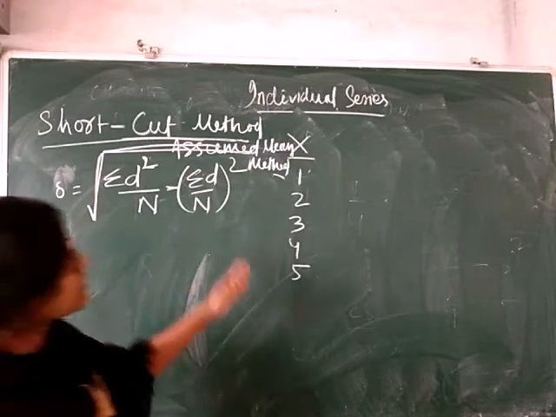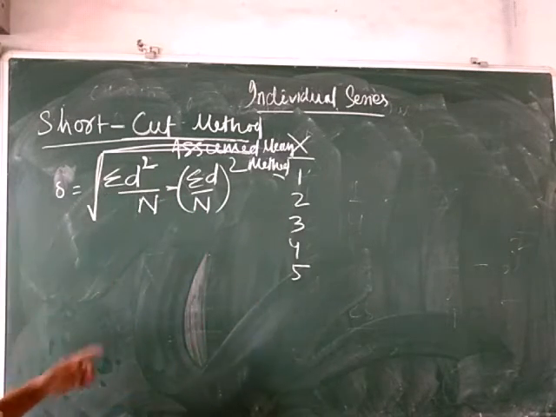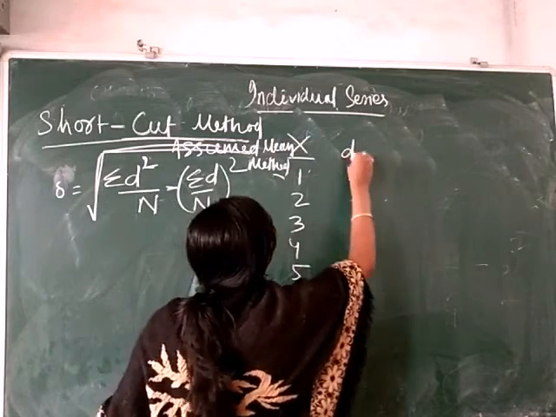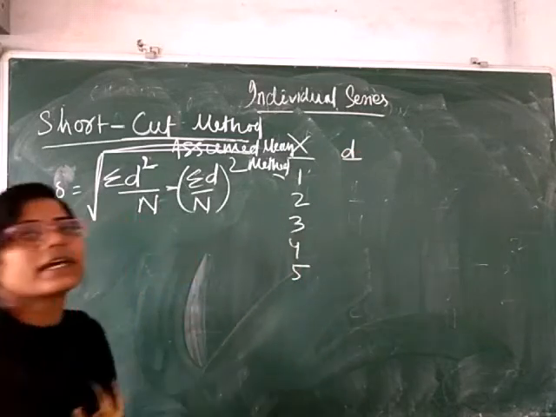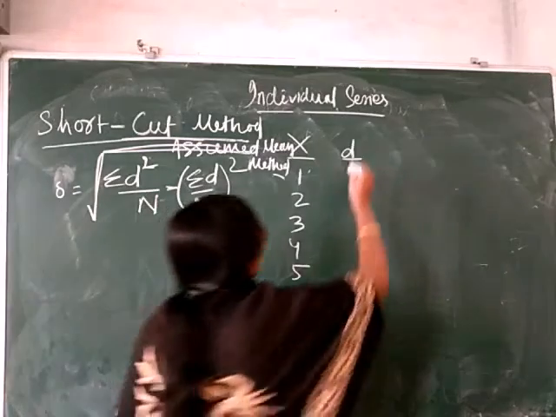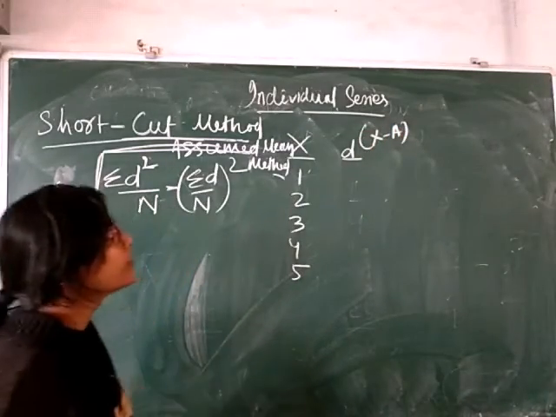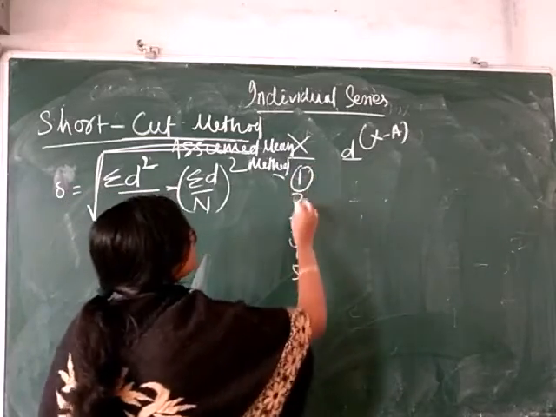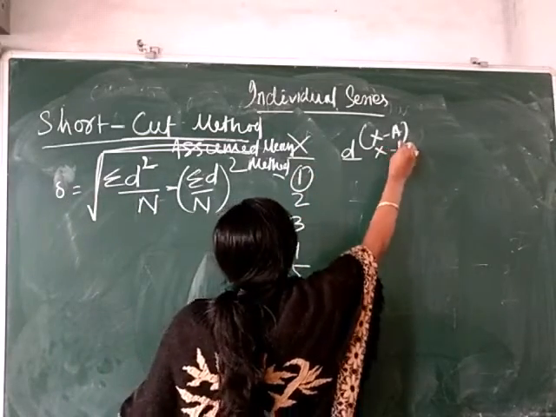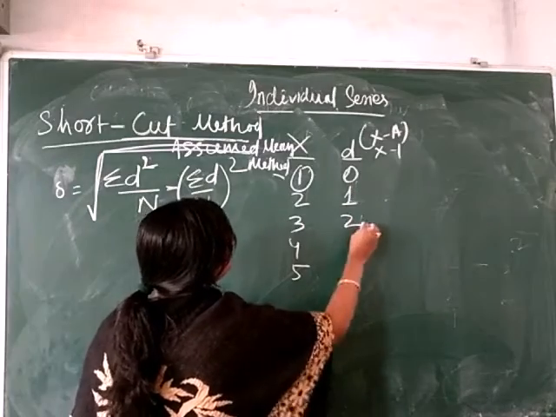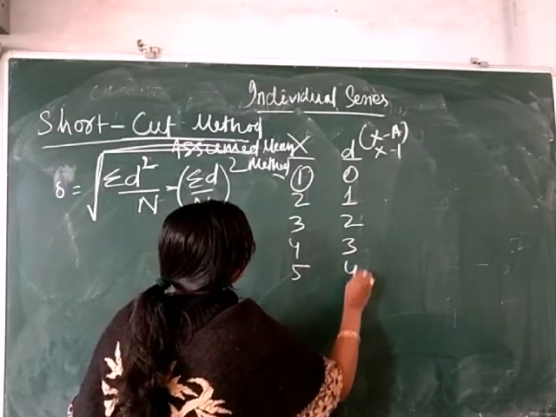So this is the example, and we compute standard deviation under shortcut method. First we compute small d, and as we know we can compute d by x minus assumed mean. So first we take the assumed mean, that is 1. So here x minus 1, that is 0, then 1, and 2, then 3, and then 4.